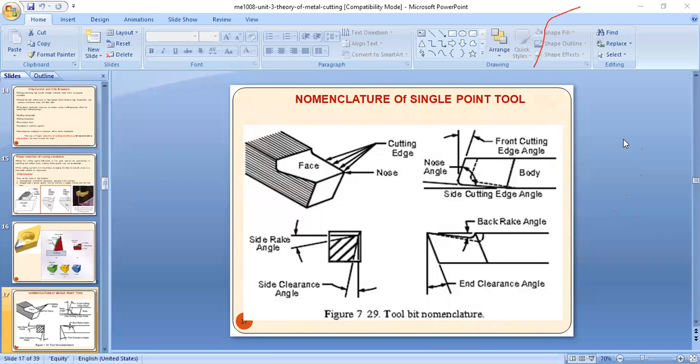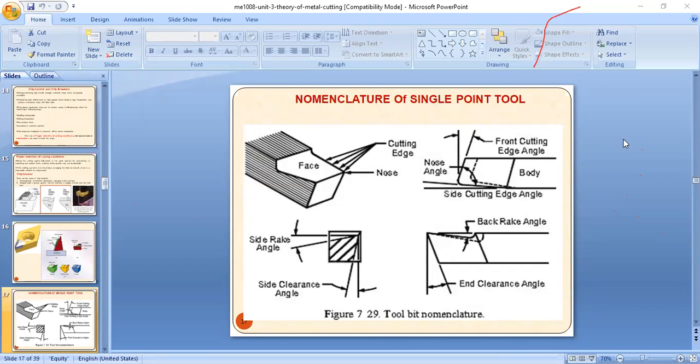Again, when we come to the end cutting edge angle, also known as the front cutting edge angle in the diagram, it prevents the trailing edge of the cutting edge of the tool from rubbing against the workpiece.